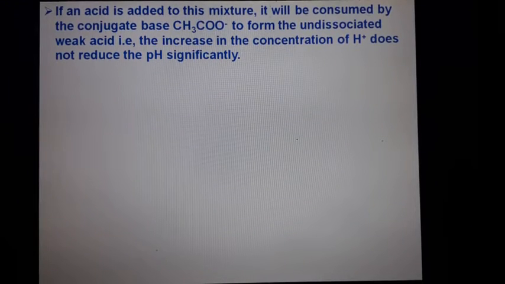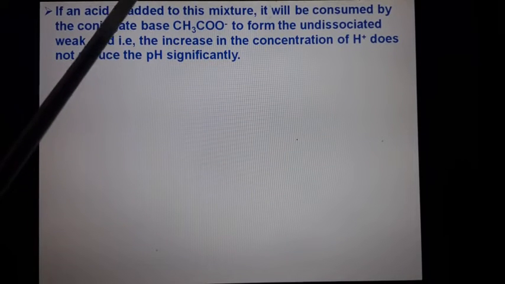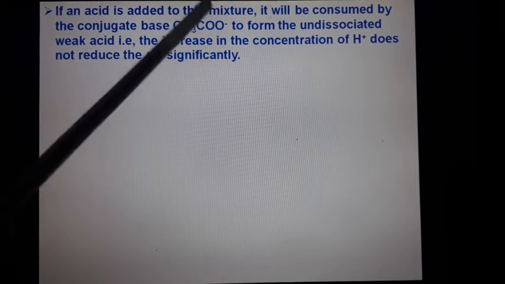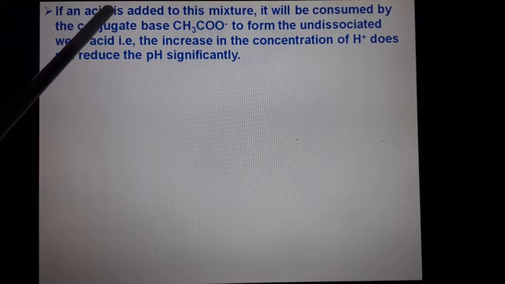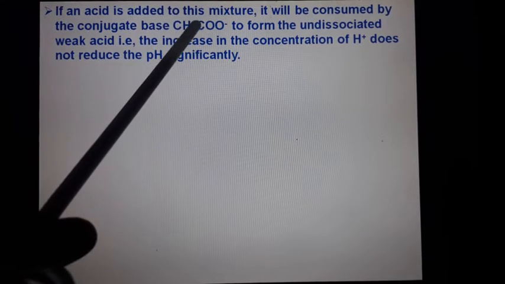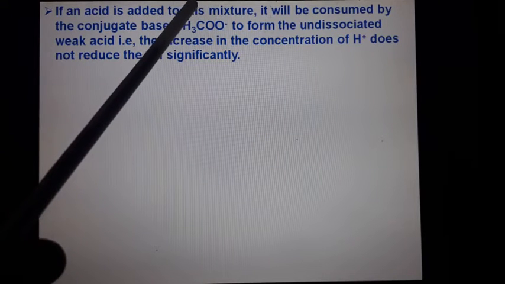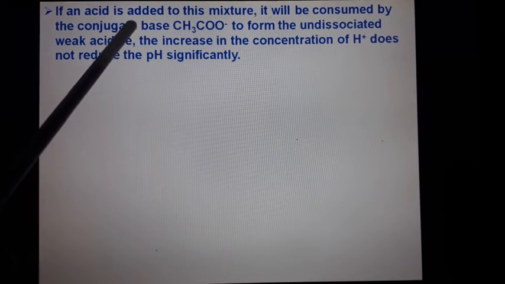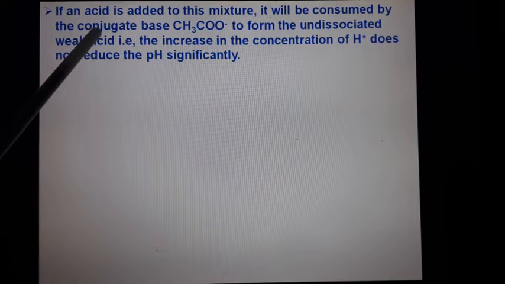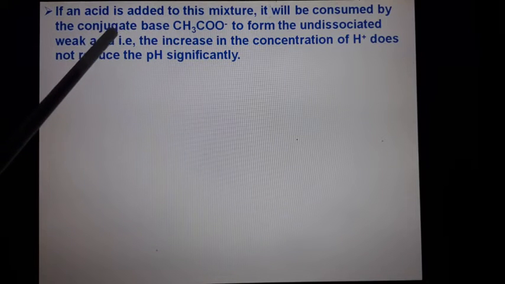Next, if an acid is added to this mixture, it will be consumed by the conjugate base, the CH3COO minus ion, to form undissociated weak acid. Before that, the two equations: CH3COOH in equilibrium with CH3COO minus plus H plus, and CH3COONa gives CH3COO minus plus Na plus. In this mixture, when we add a small amount of acid, it is consumed by CH3COO minus to form undissociated weak acid.